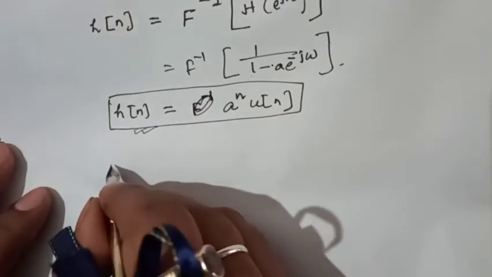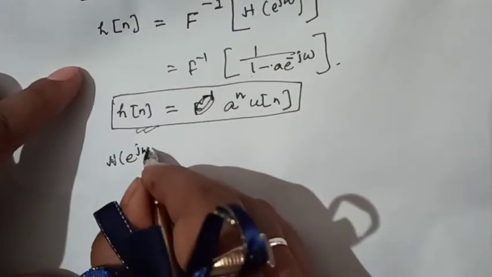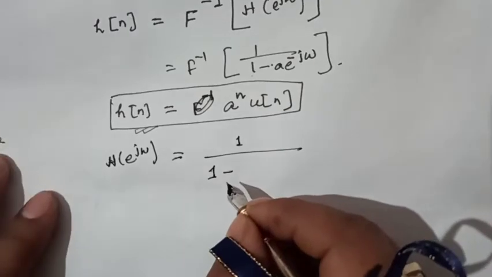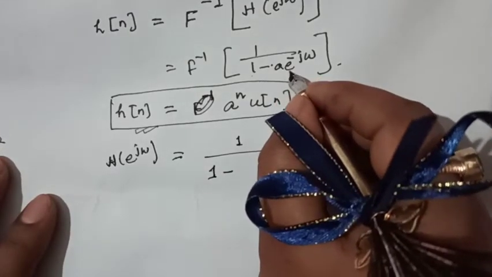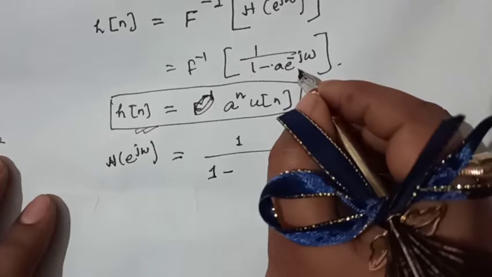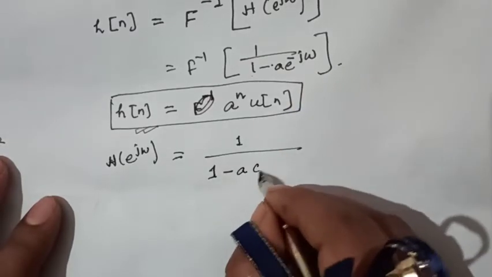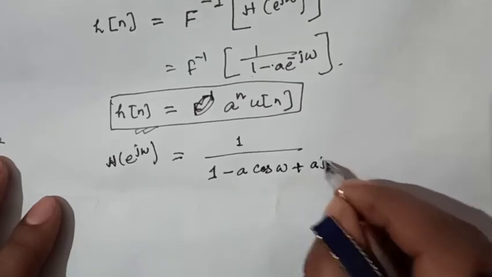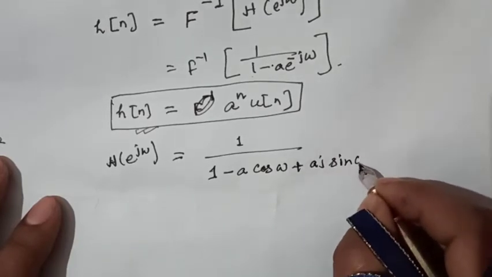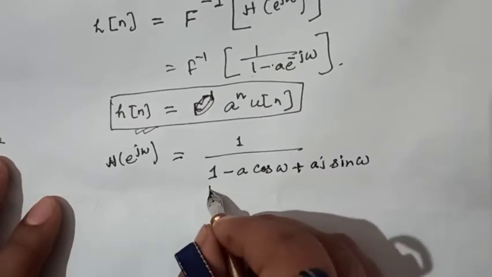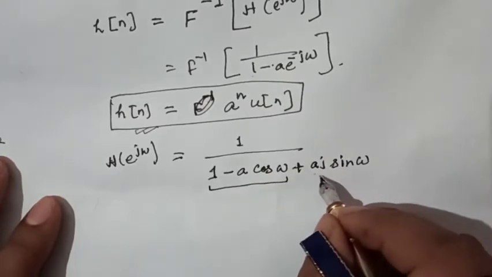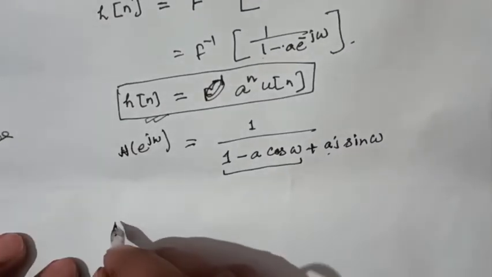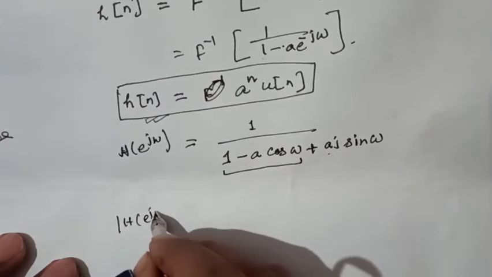Further, this H of e to the power j omega, which is 1 by 1 minus a e to the power minus j omega, and we know that e to the power minus j omega is cos omega minus j sin omega, so it will be 1 minus a cos omega plus j a sin omega. So from which we can see that this part is the real part and a sin omega is the imaginary part.